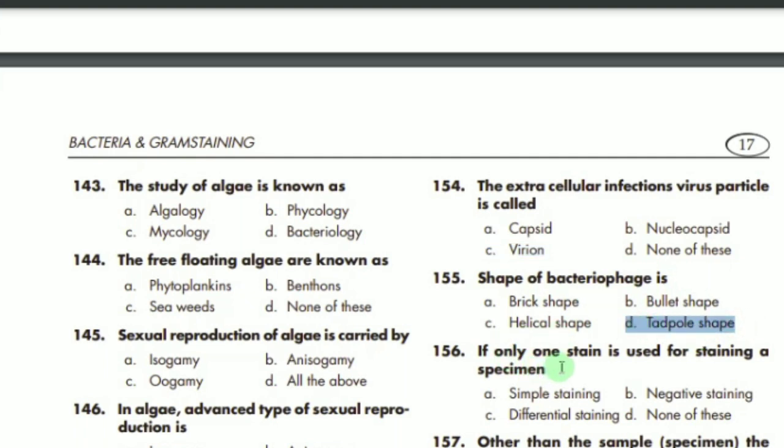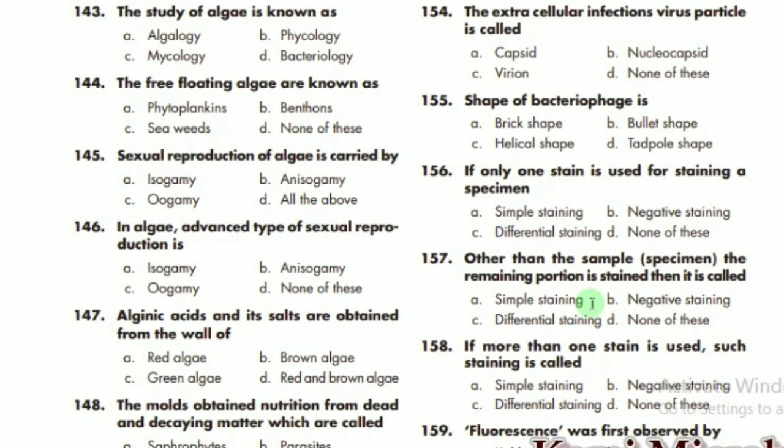If only one stain is used for staining a specimen, what do we call that? We call that simple staining. A is the correct option. If, other than the specimen, the remaining portion is stained, then it is called negative staining.